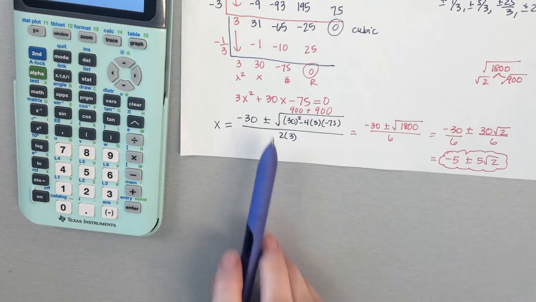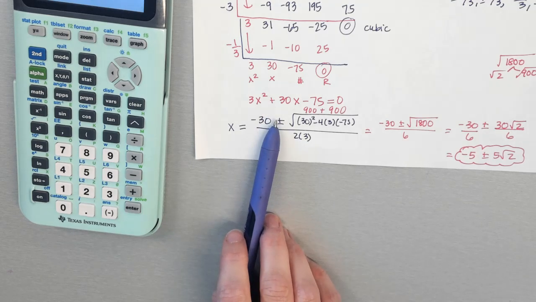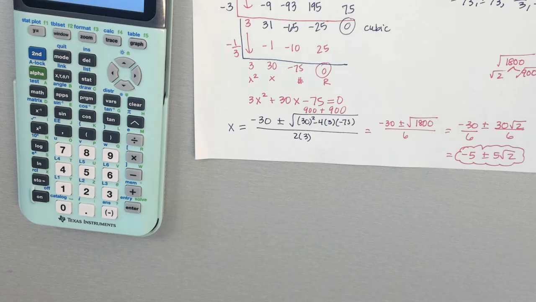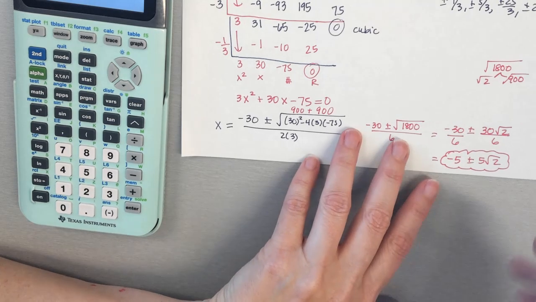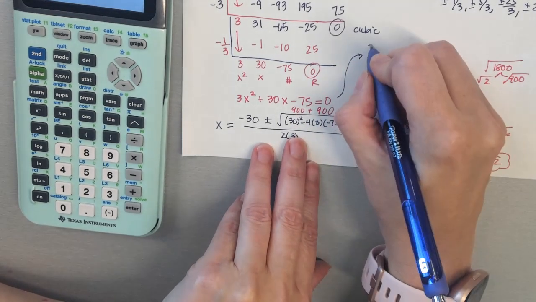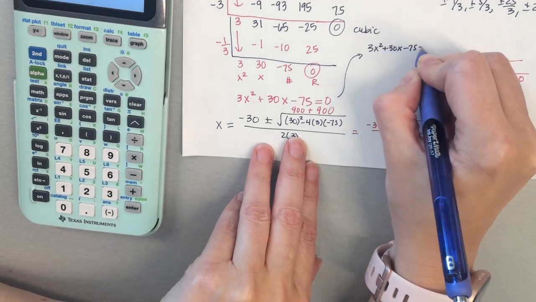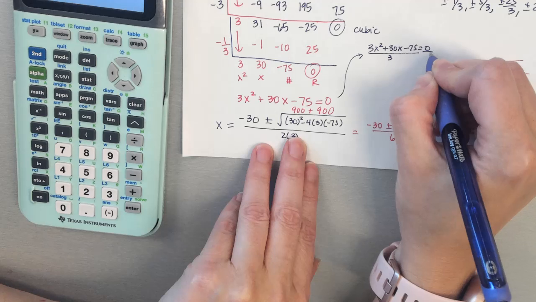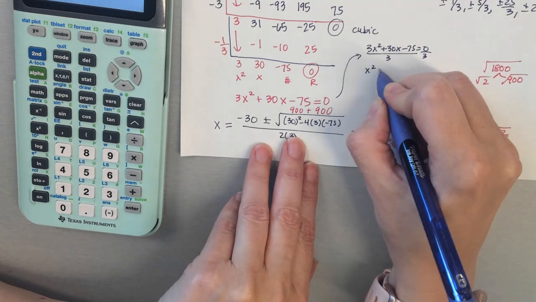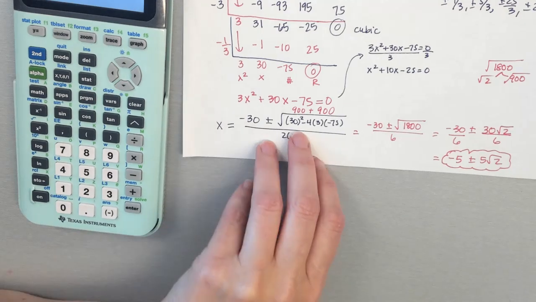Okay, did some of you notice something else you could do at this step? Yeah, you can take out the GCF and divide by the GCF. So another way that you could do that is you could divide everything, because you're setting it equal to 0. Whatever you do to one side, you can do to the other. You divide them all by 3, then the numbers you're working with are a lot smaller.